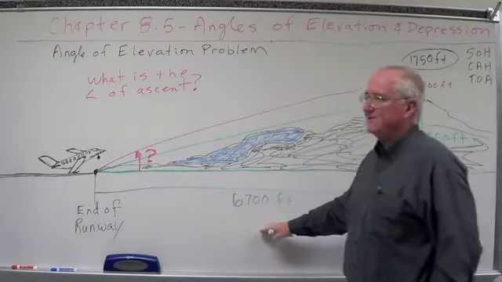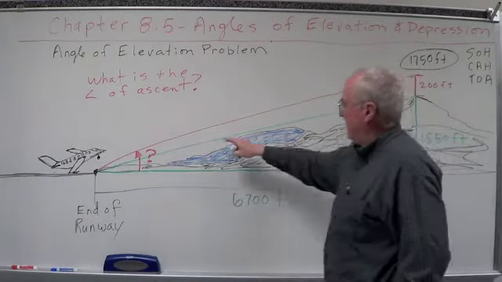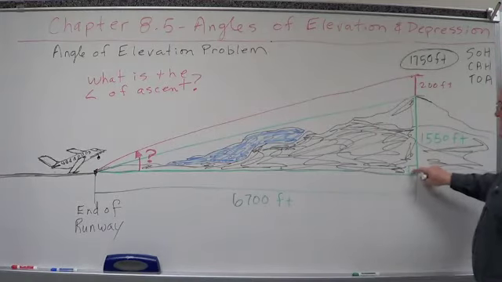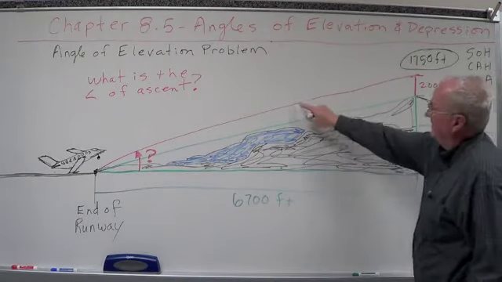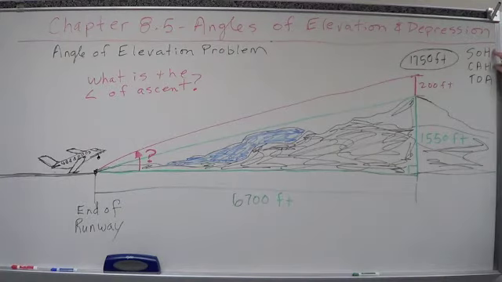So what has the two legs? SOH, CAH, or TOA? Well, SOH and CAH have to have the hypotenuse. Do we have the hypotenuse? No. The hypotenuse is opposite the 90-degree angle. The 90-degree angle is here. So we can't use these two because they have to have the hypotenuse. We're looking at TOA, which is tangent.